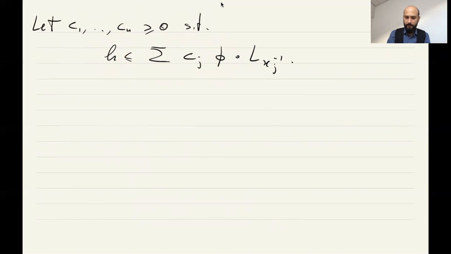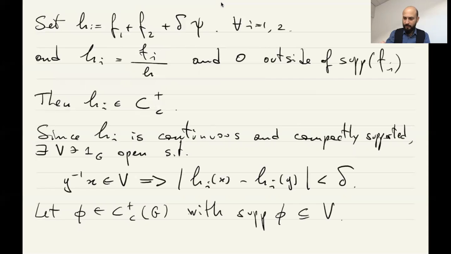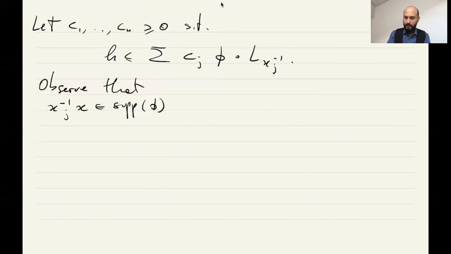And now let's observe that, by the uniform continuity, if this product is in the support of phi, since phi has support inside V, then this number is inside V, and therefore we have this property, right?